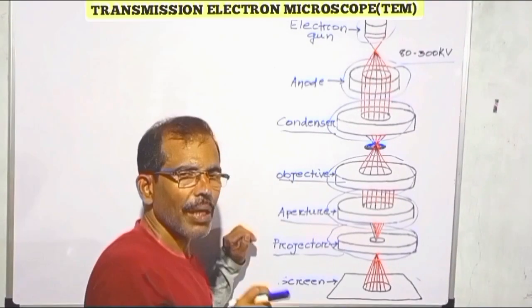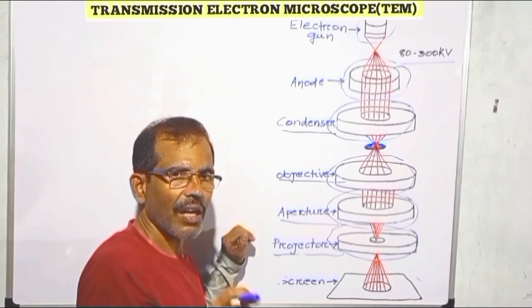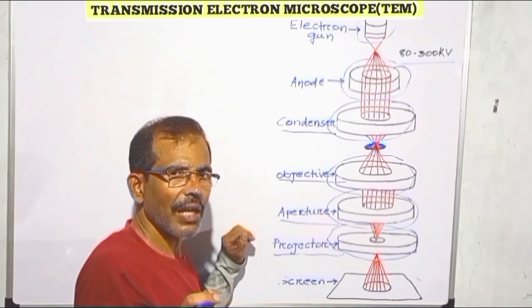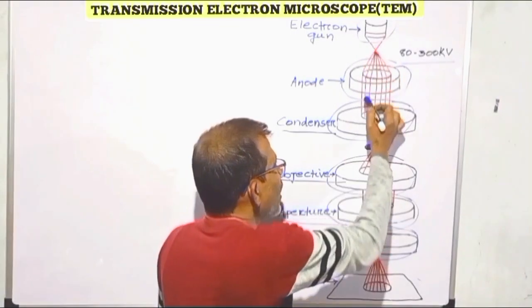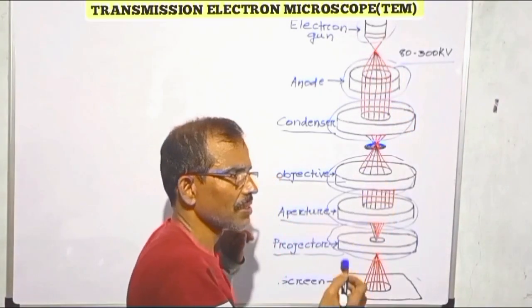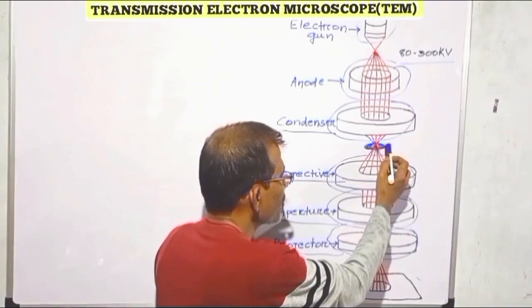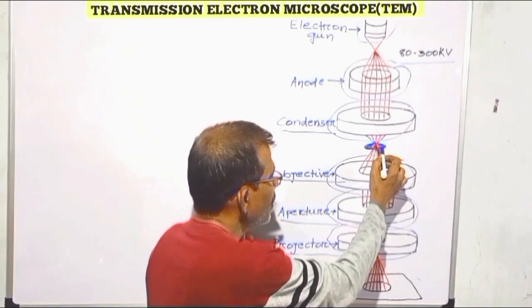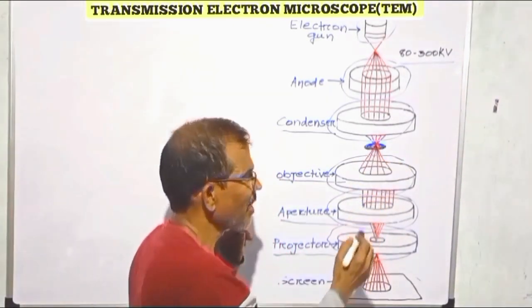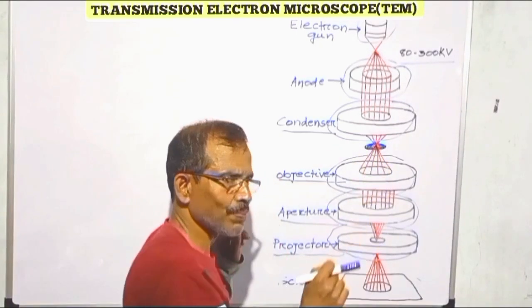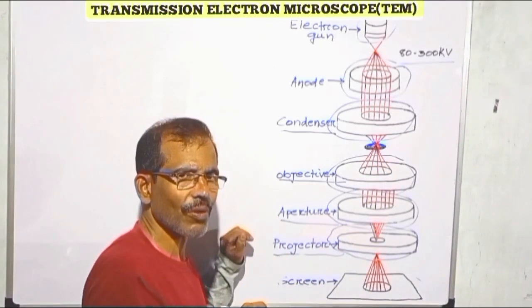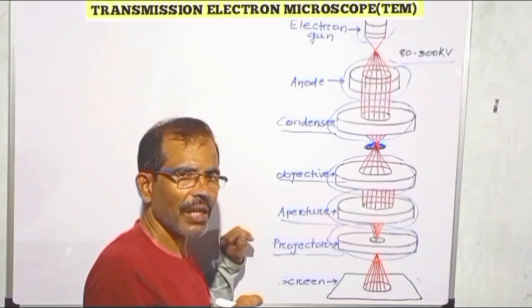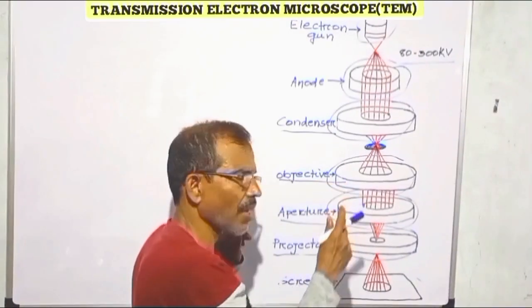Image formation. As already said, in TEM, a beam of fast-moving electrons is transmitted through an ultra-thin specimen. When the electron beam strikes the specimen, denser areas of the specimen scatter more electrons, and those electrons do not reach the objective.